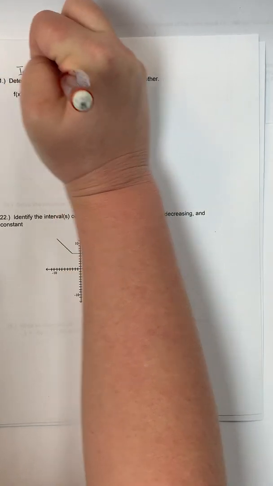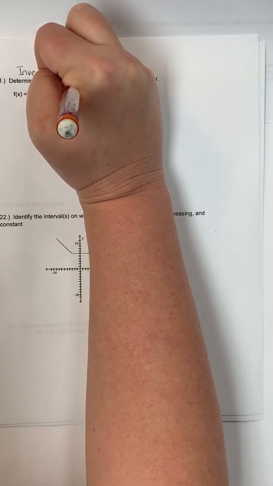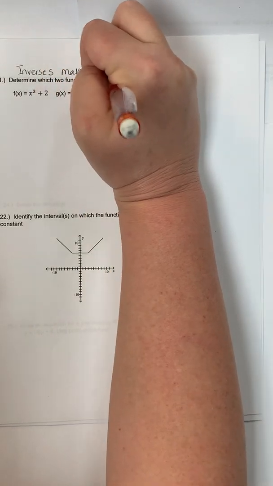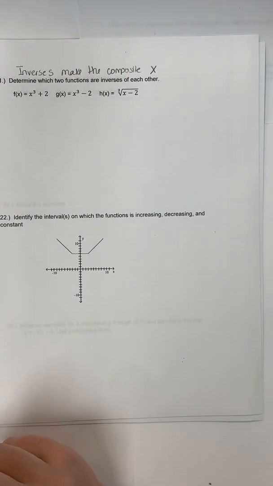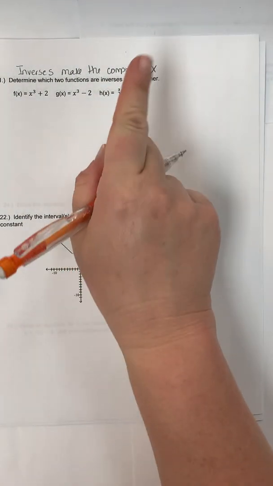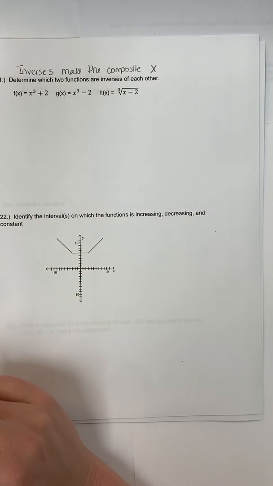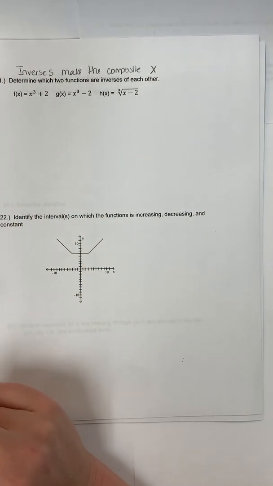You're going to make composites. Inverses make the composite x. So when we put one of these inside the other, it should quickly and easily simplify down to nothing but x. That's how you're going to know which is the inverse of the other.